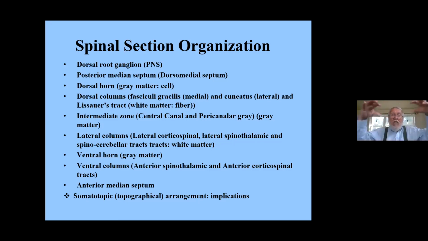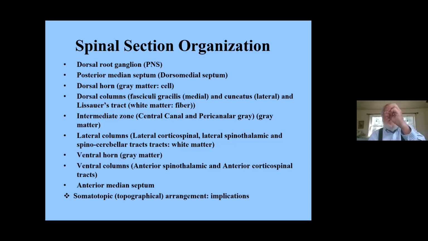Now, so we just covered the dorsal root ganglion, the dorsomedial septum, dorsolateral septum, the dorsal horn, the dorsal columns. Now we move into the center part of the spinal section, which is called the intermediate zone. And this has a lot of gray matter.